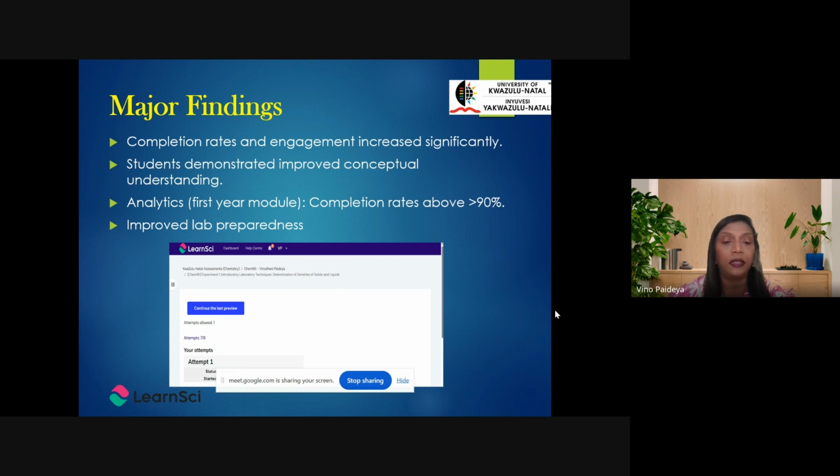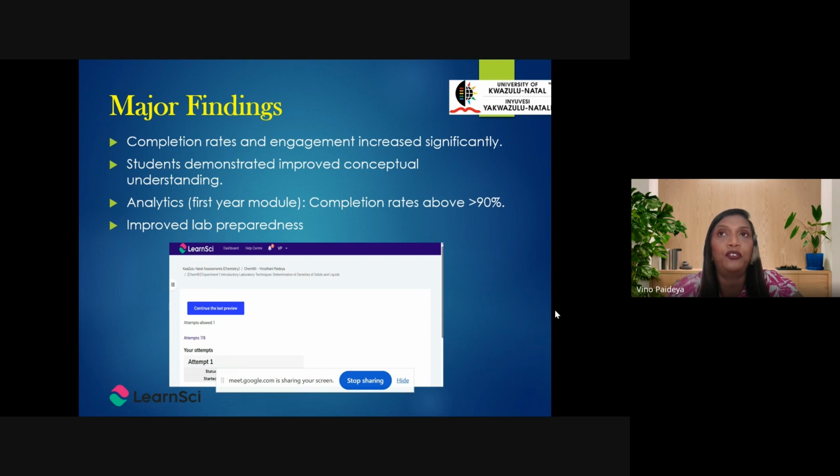The little diagram that I have here shows how many students actually attempted. And this is a class of 185 students, and you can see 178 students attempted the pre-lab before the lab session.